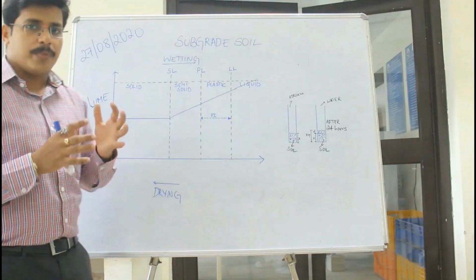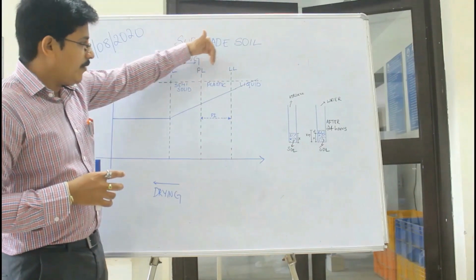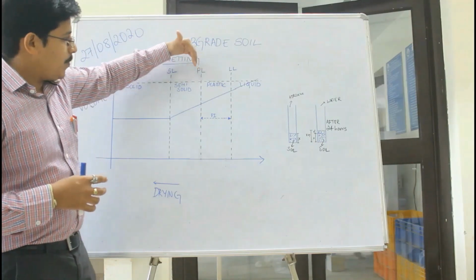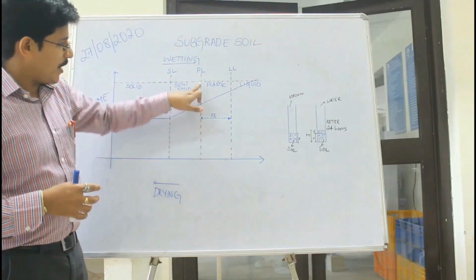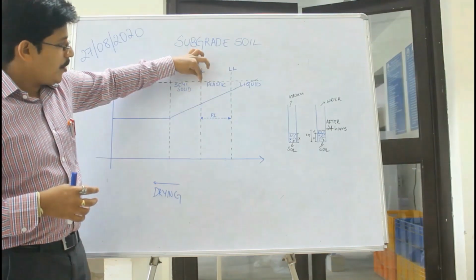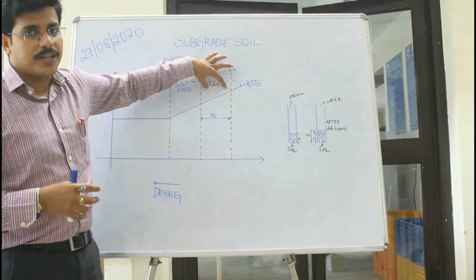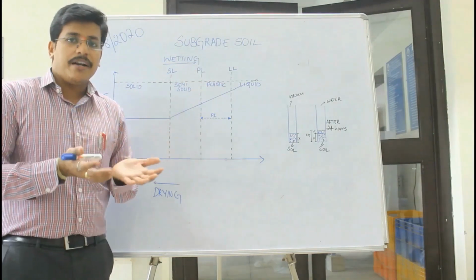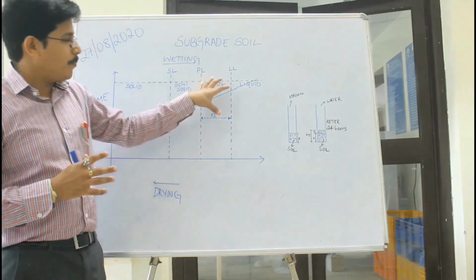Now for a pavement subgrade material, the plastic limit and liquid limit are two very important properties. So what is plastic limit? The plastic limit is the minimum water content beyond which the soil turns plastic. Plastic means that if you deform it, it can't return to its original shape, so it will deform permanently.